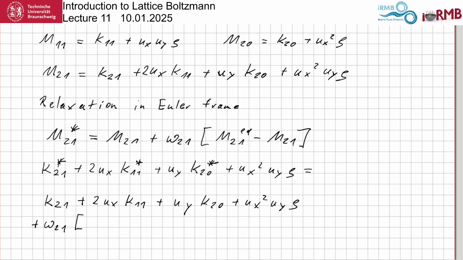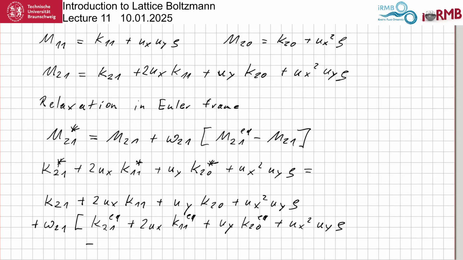And now comes everything the same, just in terms of equilibrium: K12 equilibrium plus 2ux K11 equilibrium plus uy K20 equilibrium plus ux square uy rho.